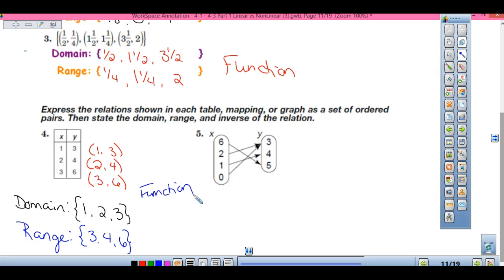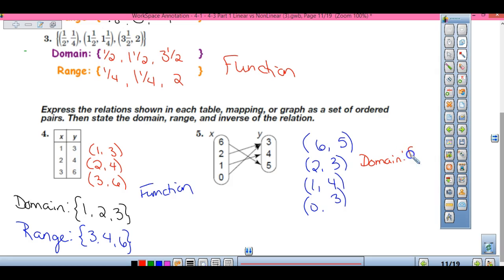All right, number 5 is a mapping. So we got to take a peek here at what my ordered pairs are going to be. I'm going to start with these numbers. 6 goes to 5, because there's an arrow that goes to 5. 2 goes to 3. 1 goes to 4. And 0 goes to 3. Let's write it over here.